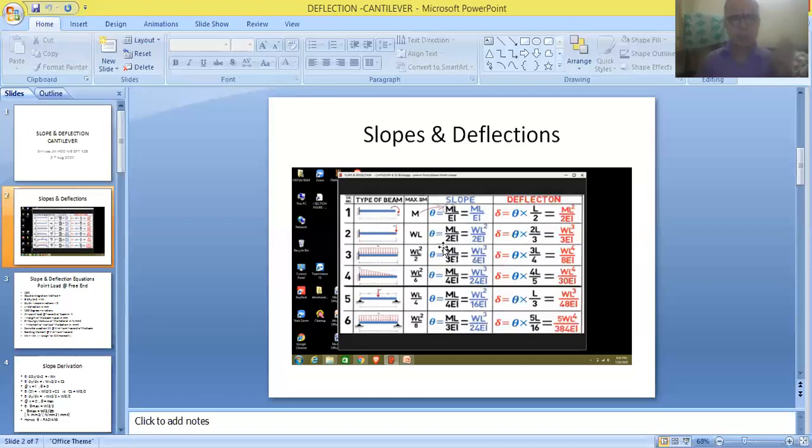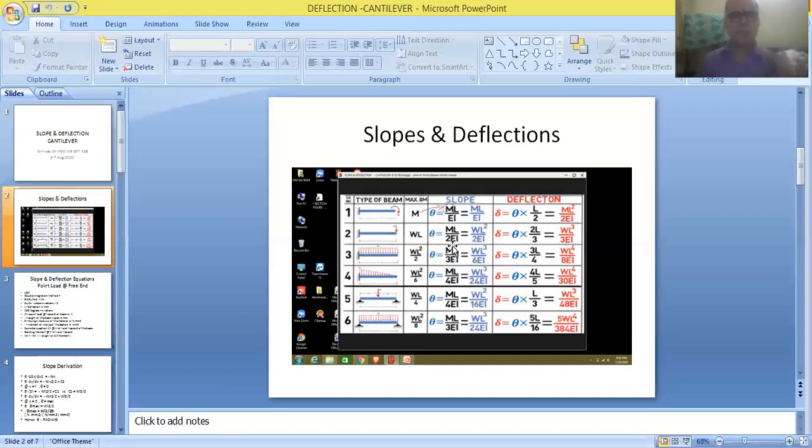So theta is given in this table, but here the notation is mentioned as delta, like D for deflection. However, we will be doing some kind of integration, so we get the values in terms of small y. Therefore, instead of delta, small y can be used for representing the values of deflection.